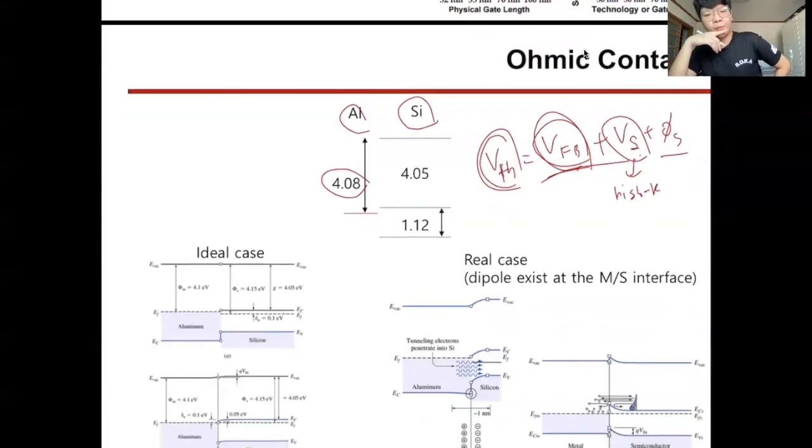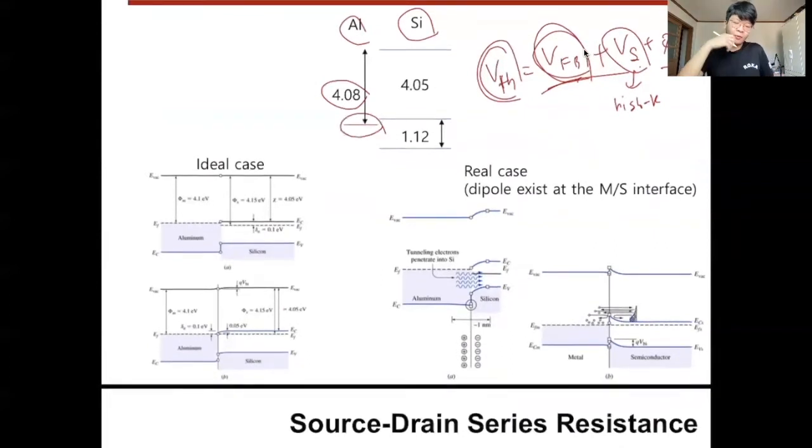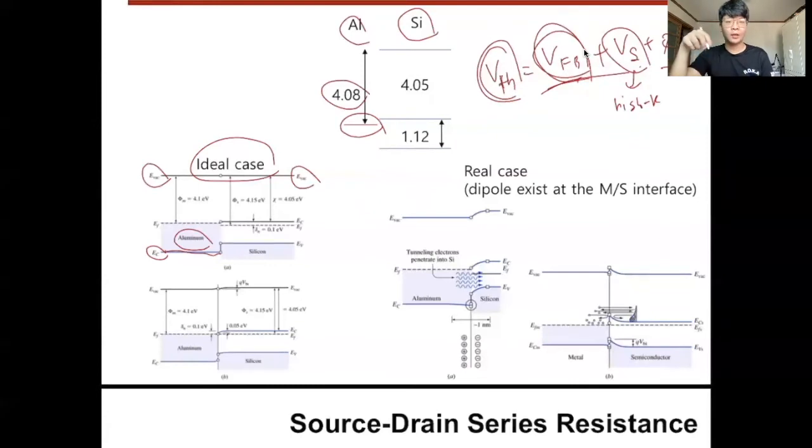However, there is another problem: the work functions are saturated at the Fermi level. For the ideal case, aluminum's work function is located here. So we would like to even these vacuum energy levels to prevent another depletion area, or parasitic capacitance.